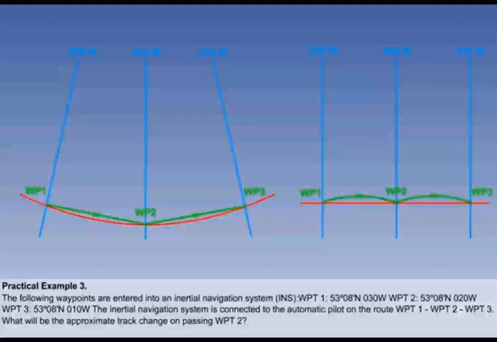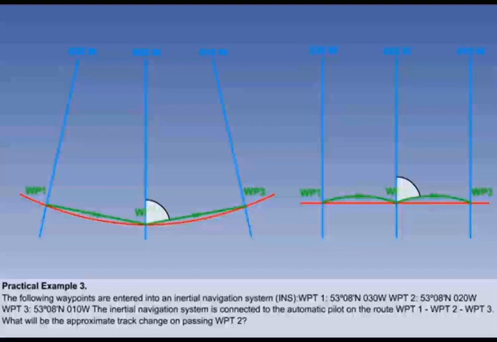The left-hand one shows the great circle as the shortest route, but the right-hand one makes the track changes more obvious. The track leaves waypoint 1 on an angle of less than 090 and gradually increases, arriving at waypoint 2 on an angle of more than 090.